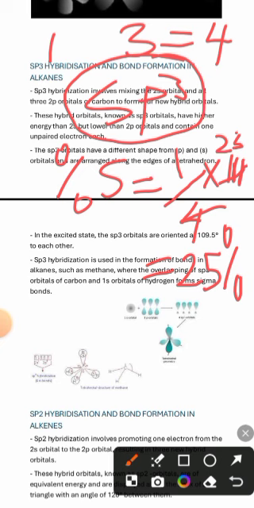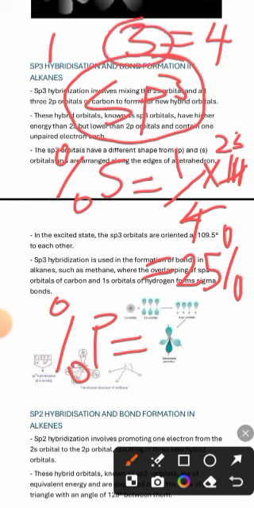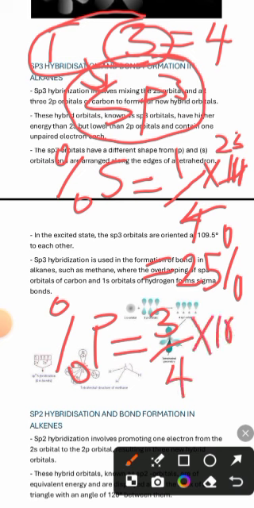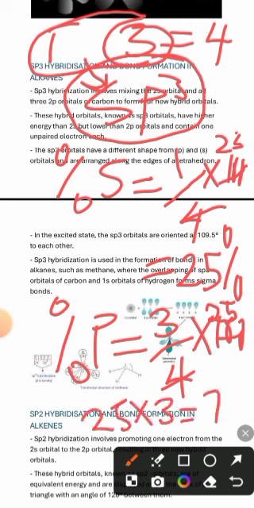Now to look for the percentage P character, we apply the same process. We have 3 P orbitals in the sp3 hybridized orbital. So we put 3 over the total number of orbitals present in this hybridized orbital, which is 4, times 100. 100 divided by 4 is 25. 25 times 3 is equal to 75%.